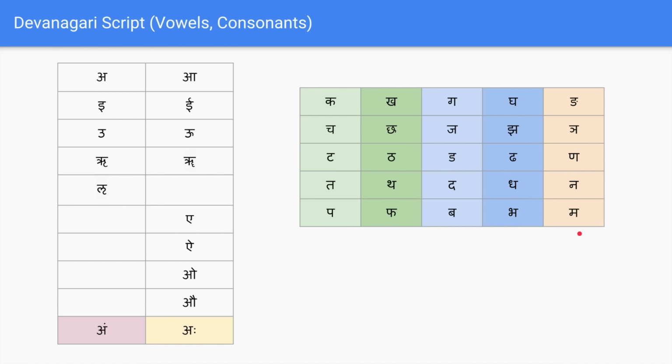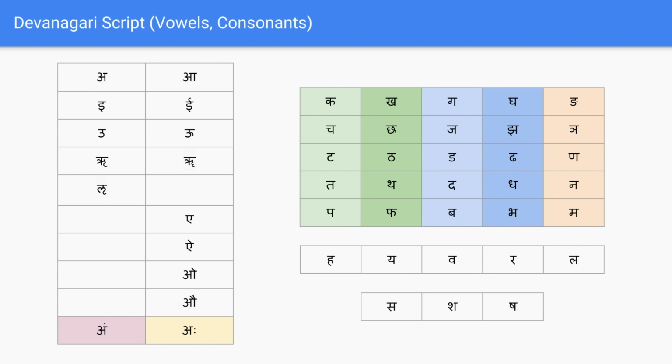Other than these groups, there are other letters like Ha, Ya, Va, Ra, La. So these are the other letters. And also we have Sa, Sha, Sha.